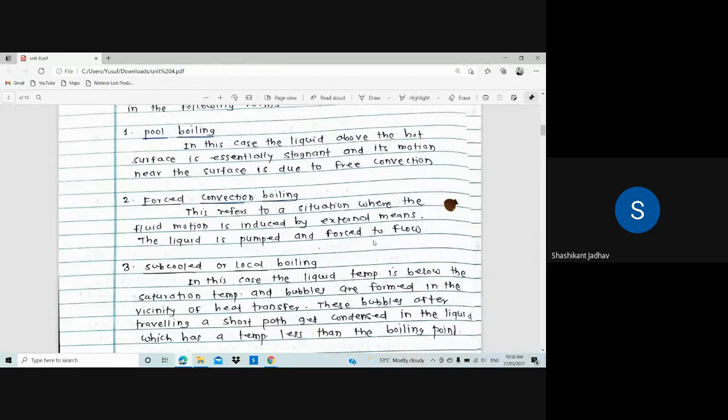Motion of molecules due to the external devices, that is nothing but forced convection boiling.